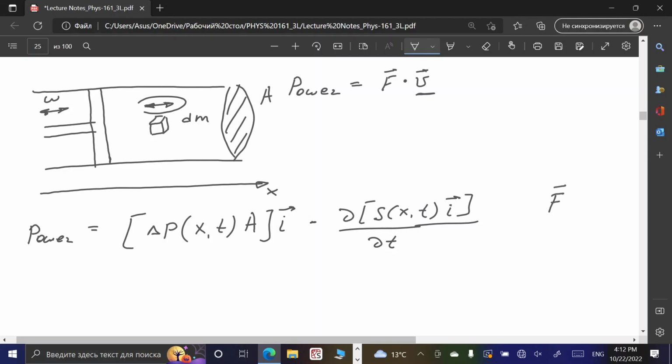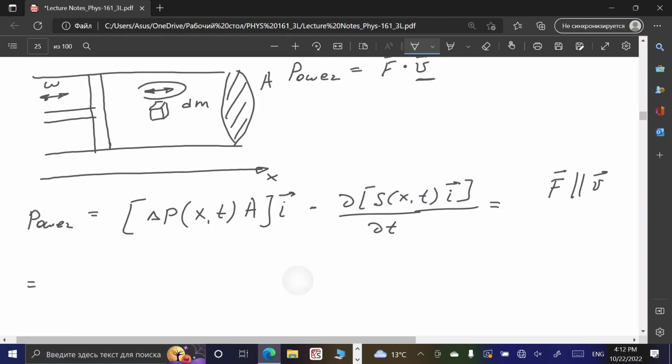Since force is parallel to the velocity vector, we can proceed further and consider our previously derived equations which relate the change in pressure with displacement. So we can write here density times speed of sound, but don't confuse this speed of sound with the velocity vector, because the velocity vector we consider for the vibrating small element of air, and speed of sound is just a parameter which is a feature of the medium where sound is traveling.